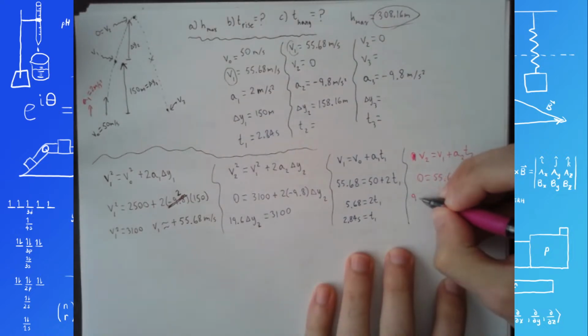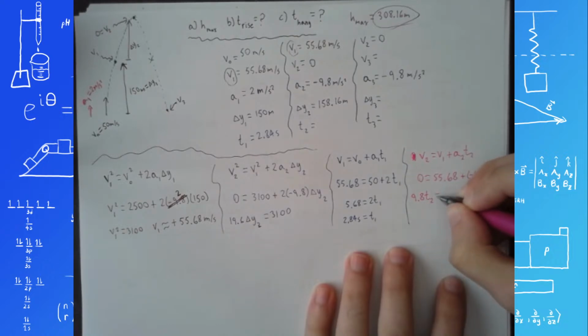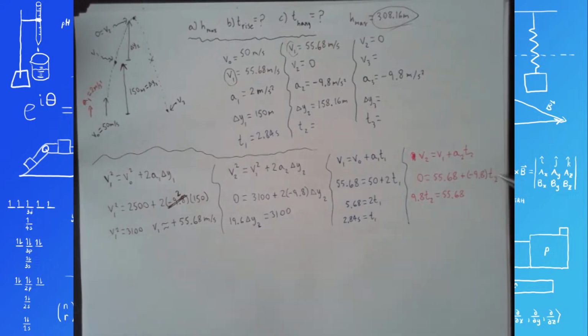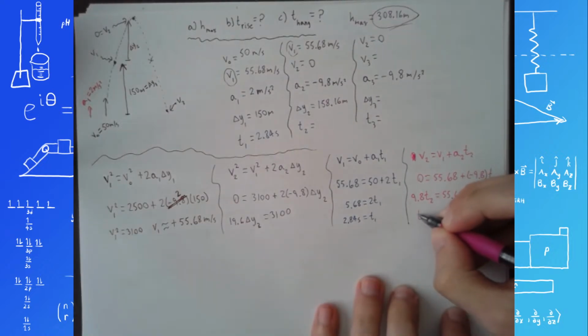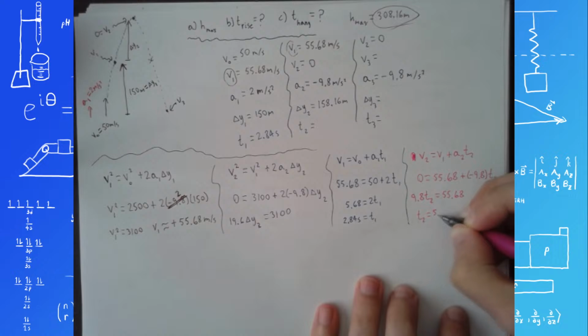That way I'm only dealing with positive numbers. 9.8 T2 equals 55.68, and divide by 9.8. 55.68 divided by 9.8 is 5.6816. I'll just round it to 5.68 seconds. T2 is equal to 5.68 seconds.